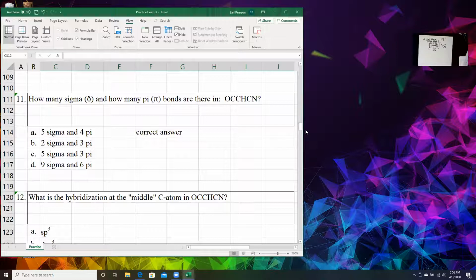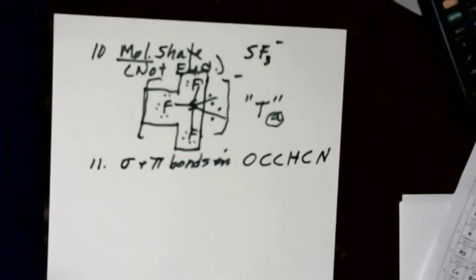Now we're doing sigma and pi bonding. And so the molecule is, we want the number of sigma and pi bonds in O, C, C, H, C, N. Okay, now let's get where you can see my pad.